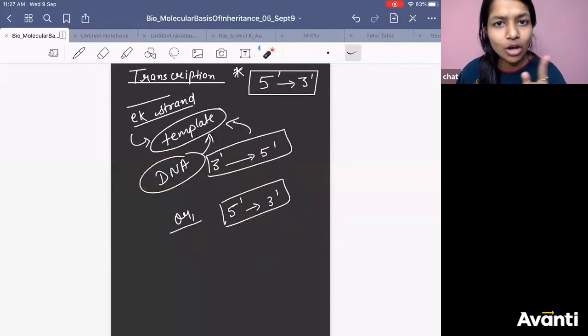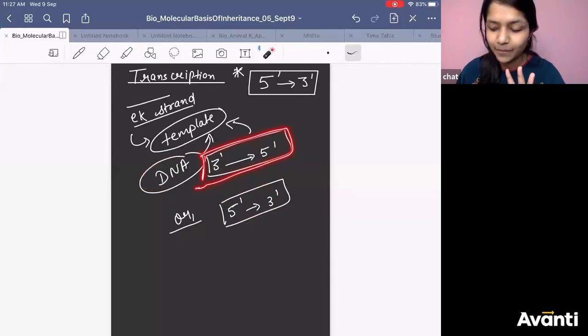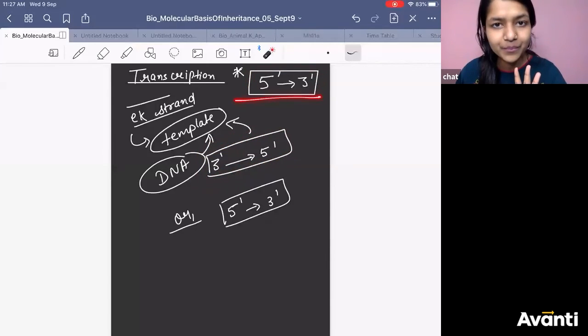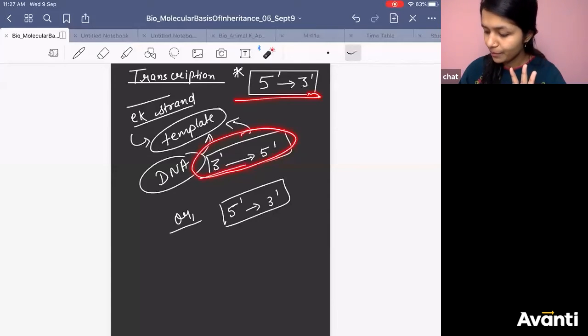You need to do complementary base pairing, right? So what will be the template strand? Which one will be the template strand of DNA? 3' to 5'. Reason behind? Because transcription happens from 5' to 3'. So what will be our template strand of DNA? 3' to 5'.